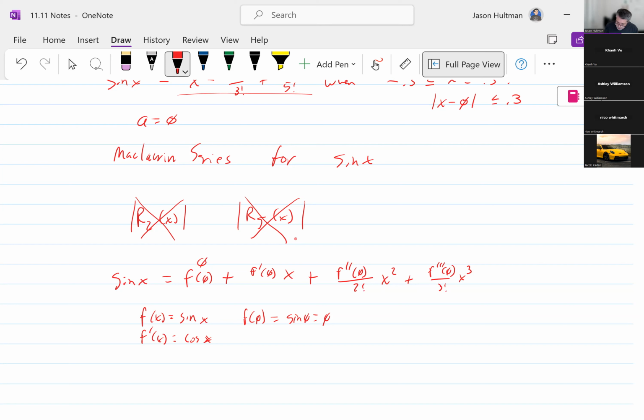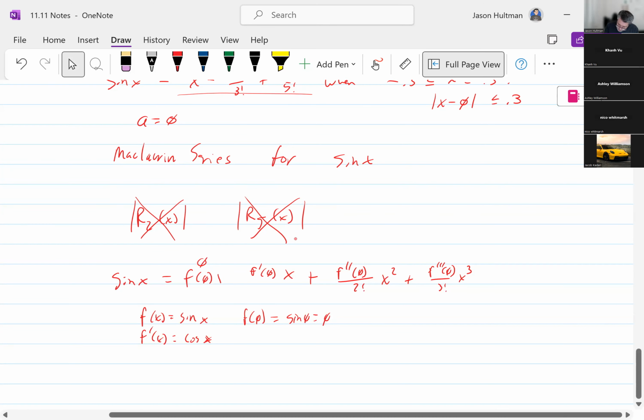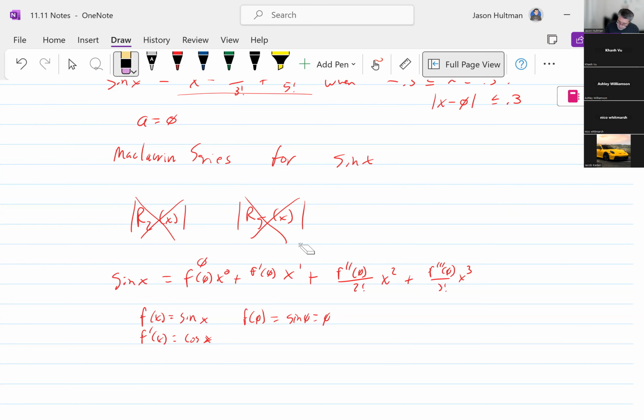Think of this as x to the 0 power, and this as x to the first power. Even though the coefficient is a 0 and it wipes it out, it's not gone. It is a valid term. So we're actually out to the 5th term.